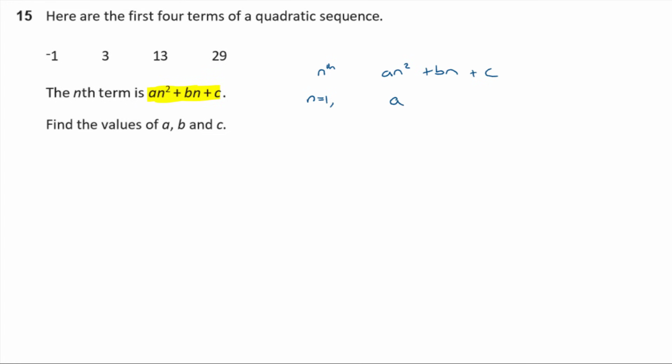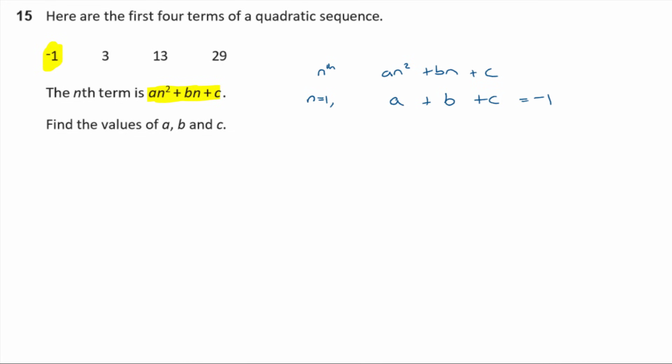So I'm just going to get a for my first term, a times 1 squared, which is just a, plus bn, b is b, and n is 1, so that's just b, and then plus c. So I'm going to get a plus b plus c. And I know that for the first term, the term is -1, isn't it? So that is equal to -1. So I've got an equation in a, b, and c, and it's equal to -1.